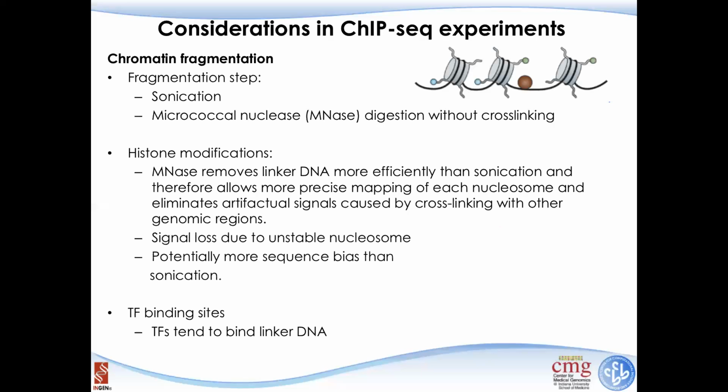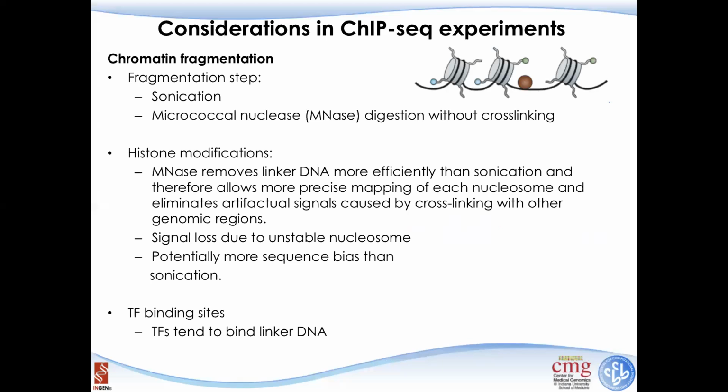What's the difference? MNase can digest the linker DNA between nucleosomes, right? And sonication just fragments all the sequences around here. But still, case by case, depending on what you want to study, you may pick which fragmentation you use.